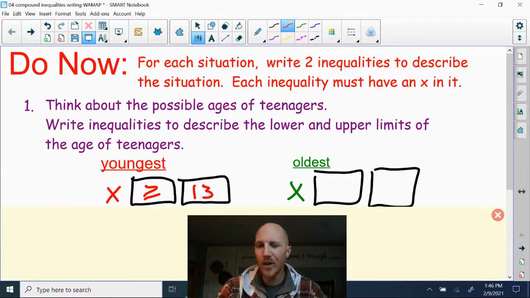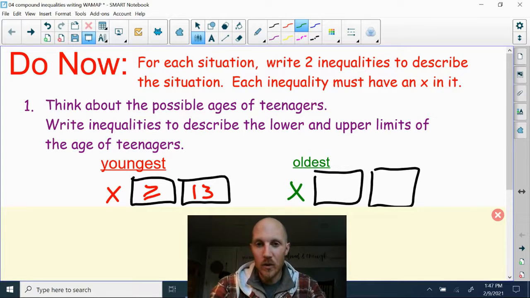For the oldest age, there are some different ideas that we have about what it actually means to be a teenager. So one option is to say, well, being a teenager means your age should have "teen" as part of the word. So 13, 14, 15, all the way up to 19.